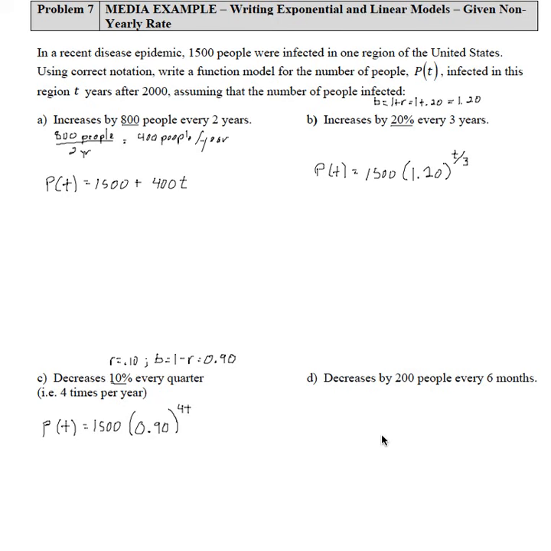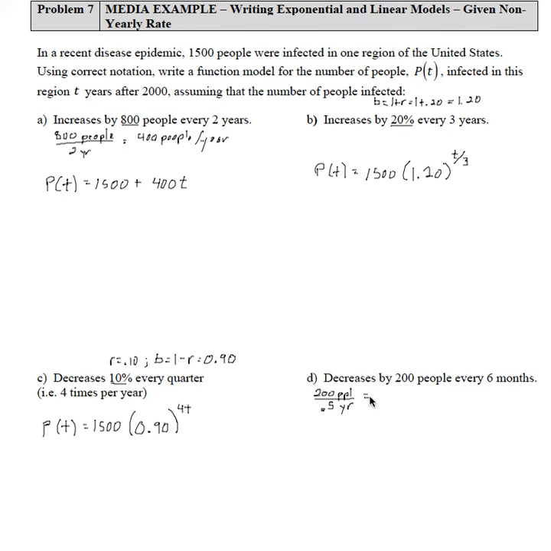So for part D, we have the population decreasing by 200 people every 6 months. So 200 people, I'm just going to write PPL, every 6 months. Well, 6 months is 0.5 years.